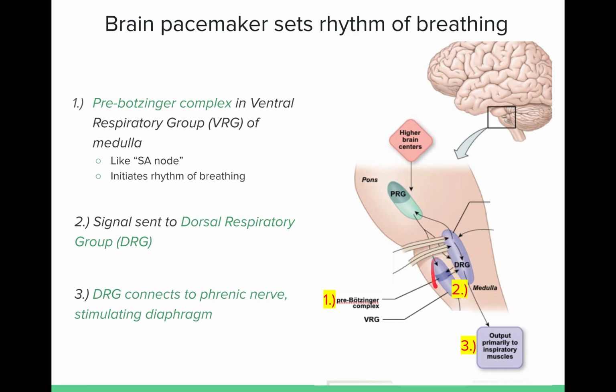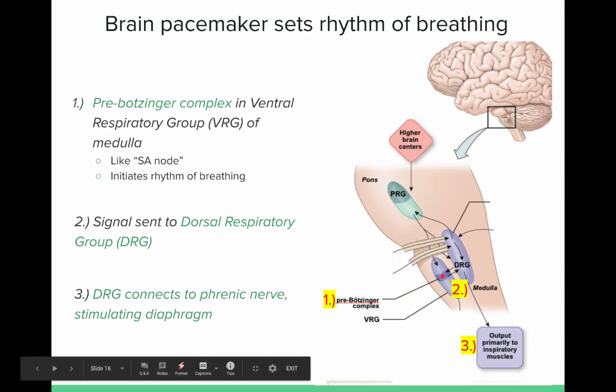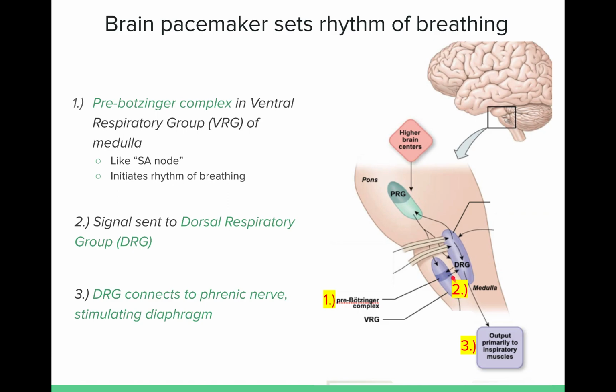But in your brain, you have these pockets of neurons that help control different things. The first pocket of neurons is known as the Pre Botzinger complex, which is located right here. This Pre Botzinger complex is located in a larger pocket of neurons known as the ventral respiratory group.